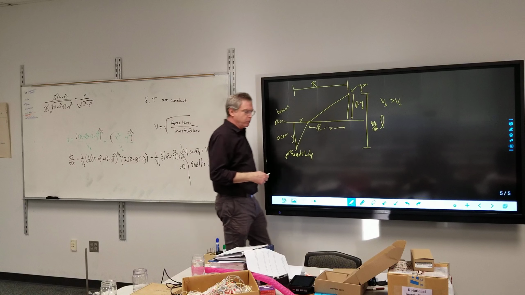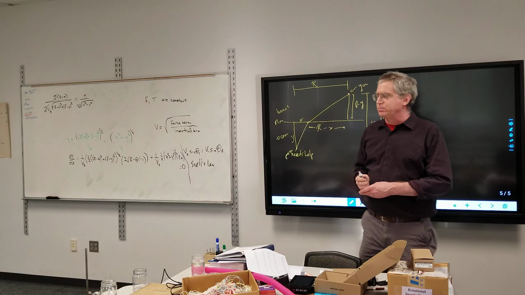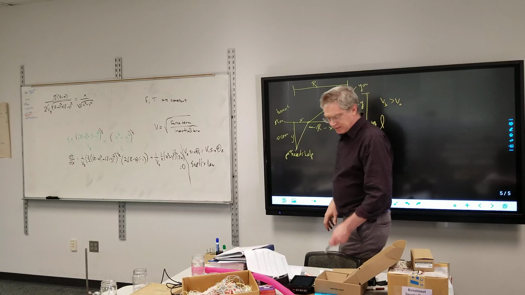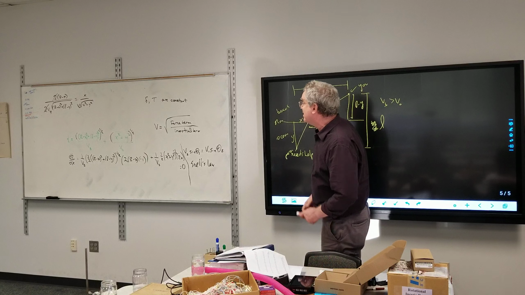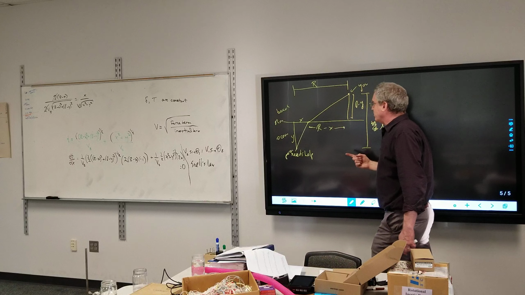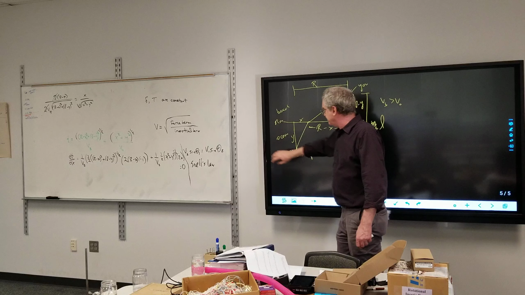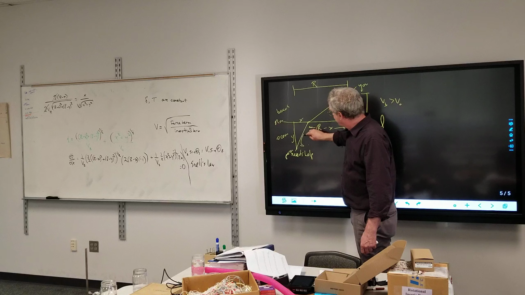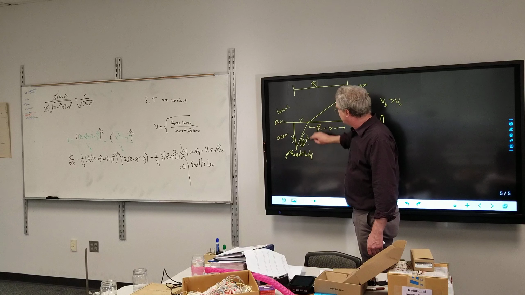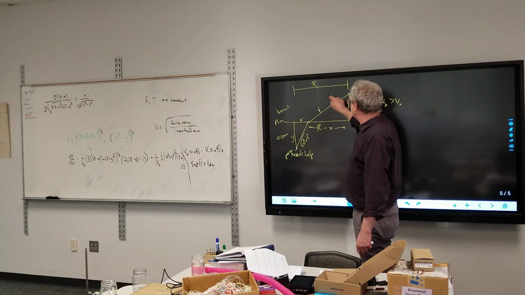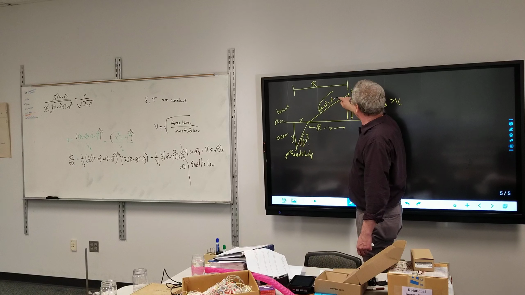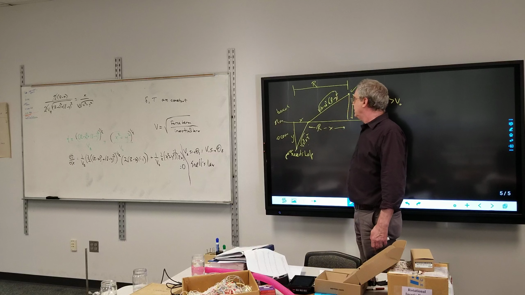We could go through and actually solve for the value of x, but there is a shortcut here, which I will employ. Let's look back at our triangles here. This length right here is the square root of x squared plus y squared. This length right here is the square root of (r minus x) squared plus (l minus y) squared.